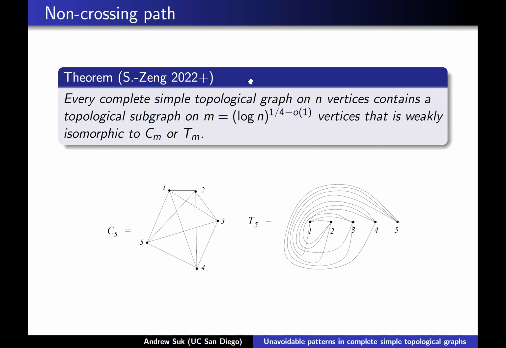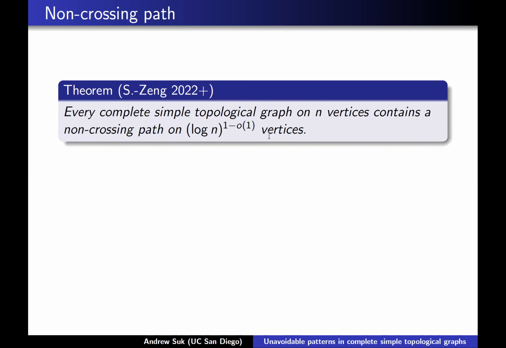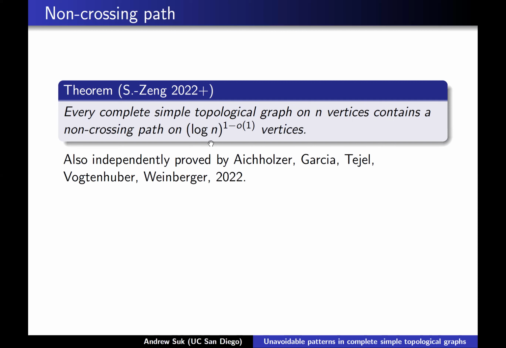And so as an immediate corollary, every n-vertex complete simple topological graph will contain a non-crossing path on roughly (log n)^(1/4) vertices. However, if you want to find a non-crossing path instead of C_m or T_m, you can do a little bit better. We showed that you can get something close to log n. And recently, we were informed that Eichholzer and company also independently proved this bound, using slightly different methods.